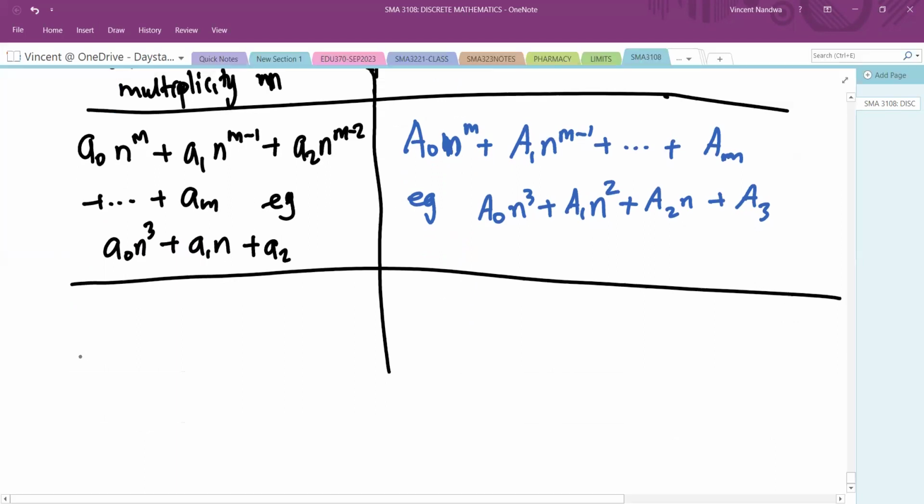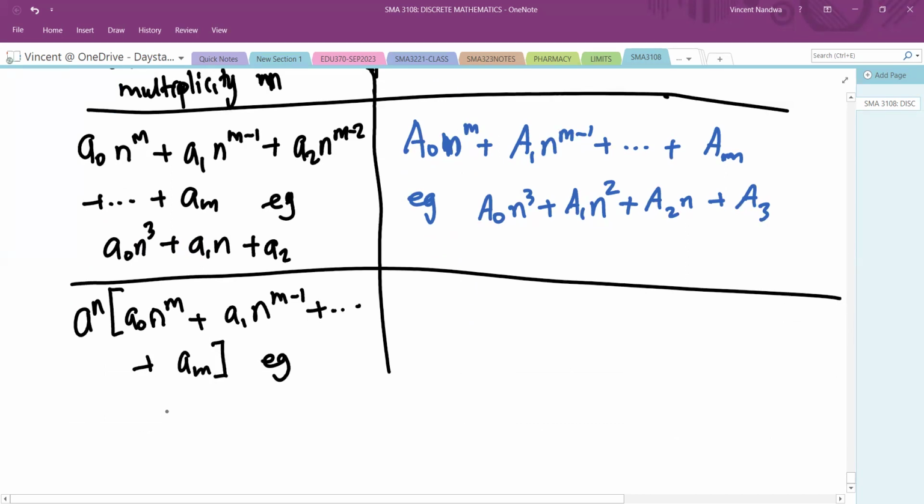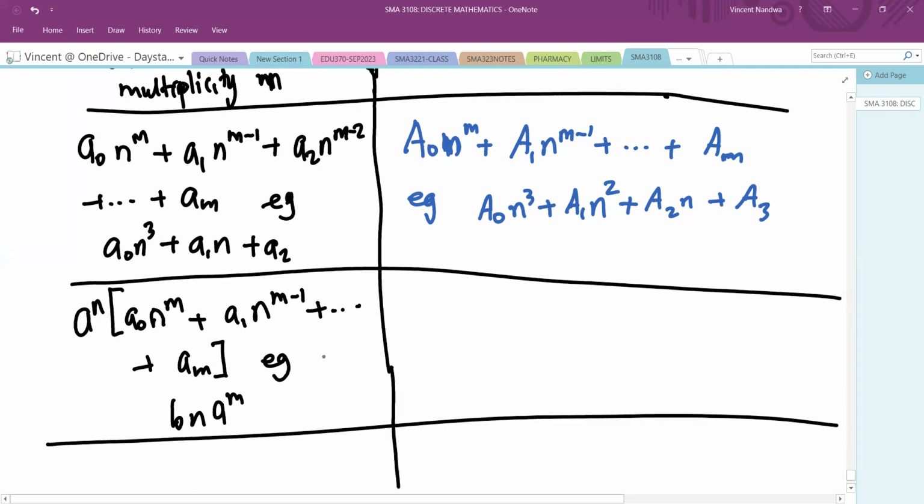Then if your f of n is a n into a naught n power m plus a1 n power m minus 1 all the way plus am, e.g. we have bn a power m, then your guess for the particular solution will be a power n into a naught n power m plus a1 n power m minus 1 all the way plus am.